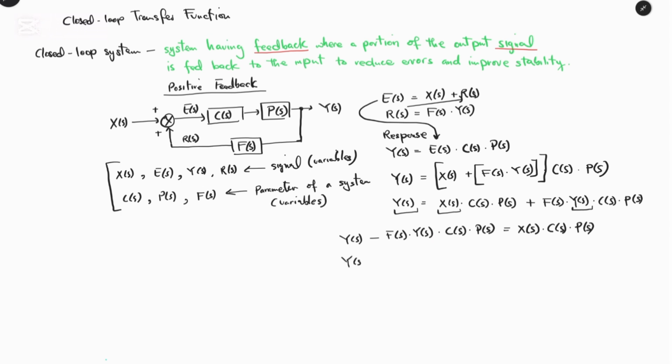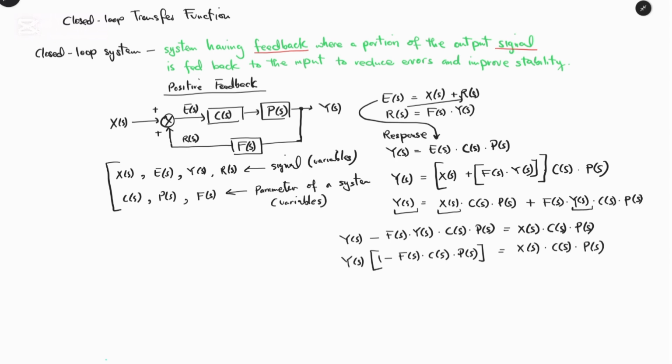We now have Y of S times 1 minus F of S dot C of S dot P of S, and this is equivalent to X of S dot C of S dot P of S.